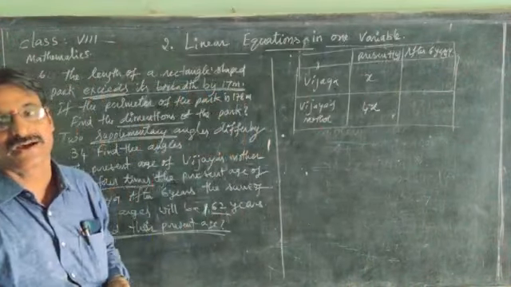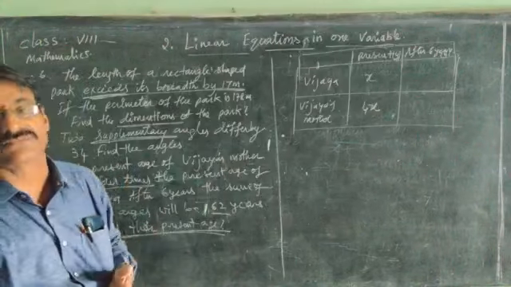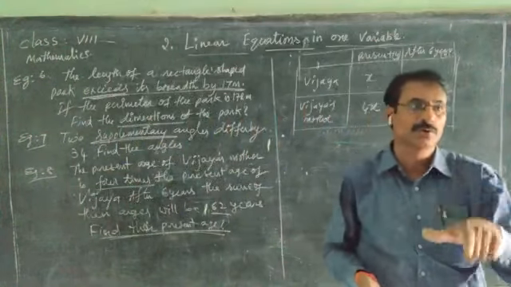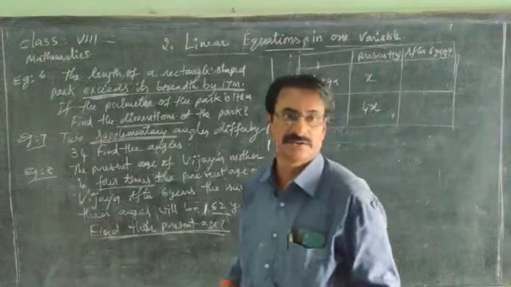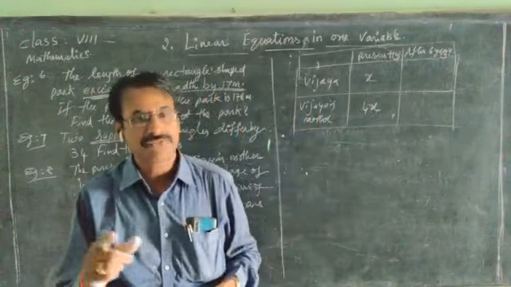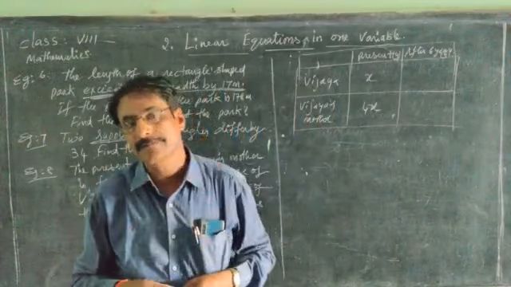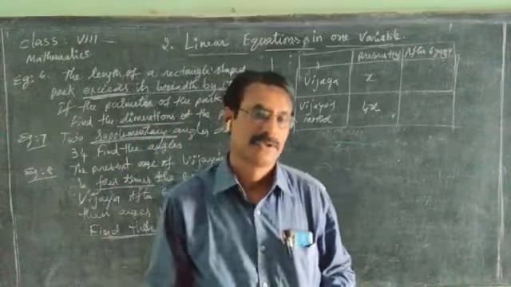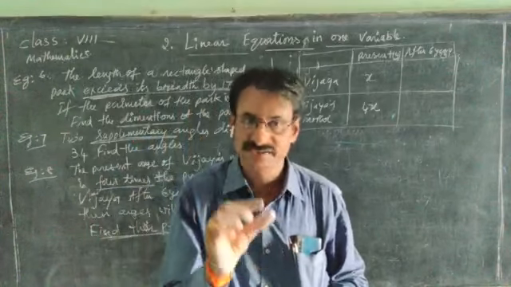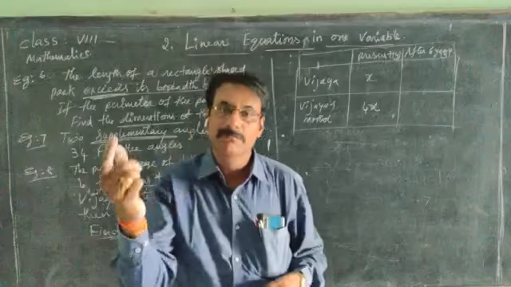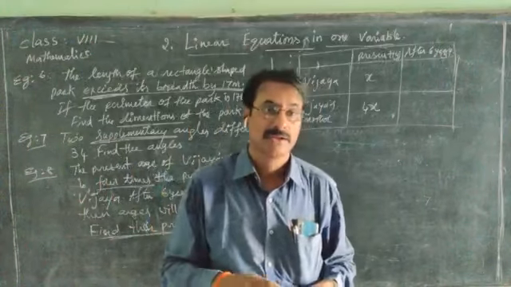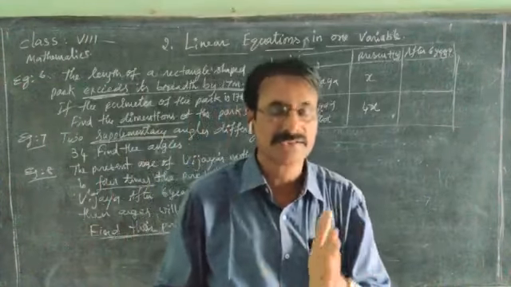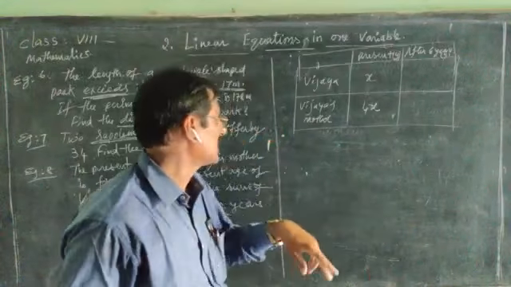After 6 years, how much will their ages be? For example, if your present age is 13 years, after 6 years your age will be 13 plus 6, 19 years. Exactly like that.